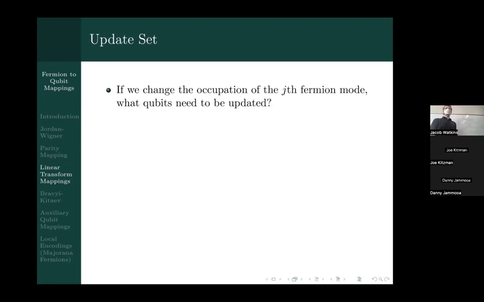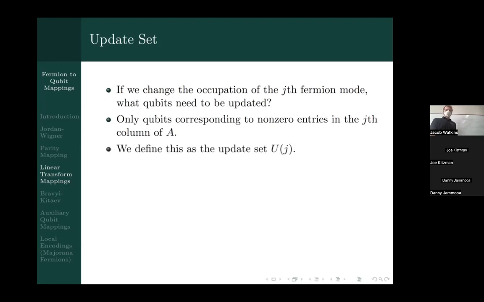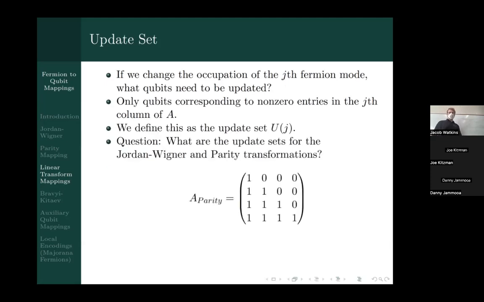In parity, it was all qubits greater than or equal to J. And it's the qubits corresponding to non-zero entries in the jth column of A. And we call this the update set. So from this, can you figure out what the update sets are for the parity transformations? I guess I already kind of told you.